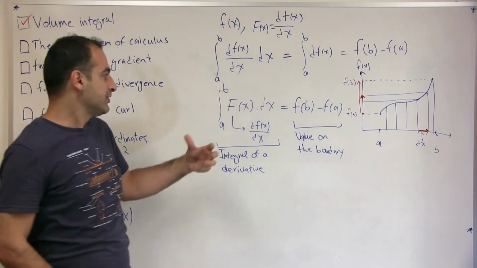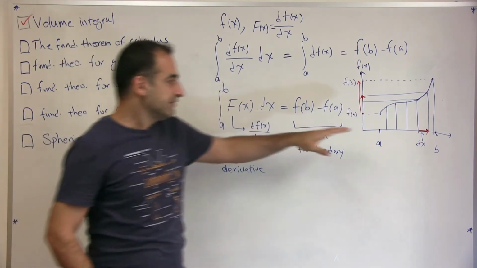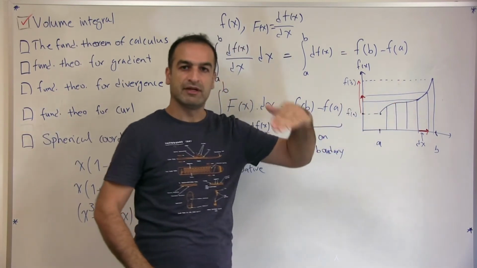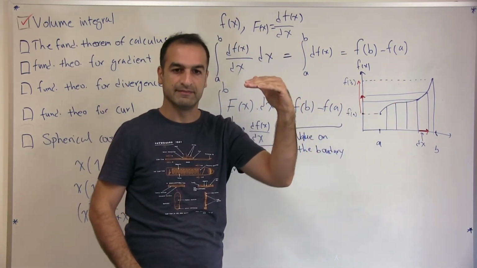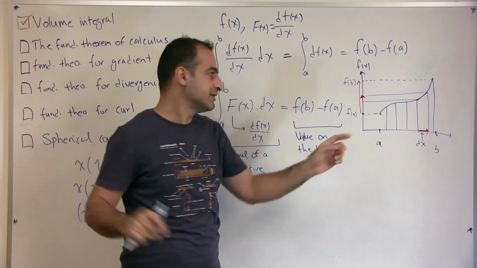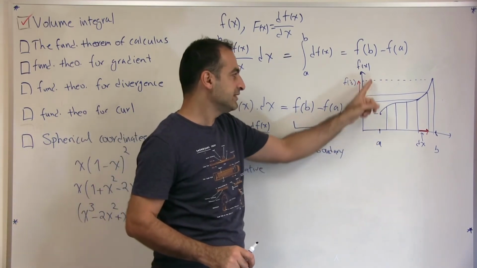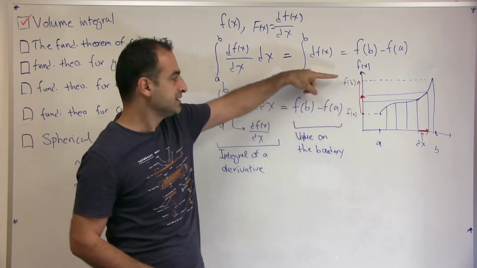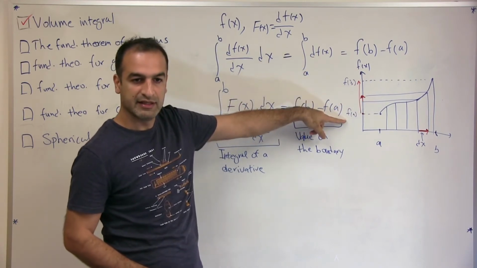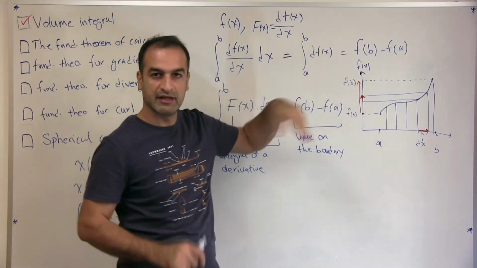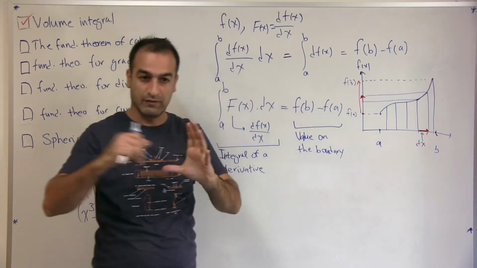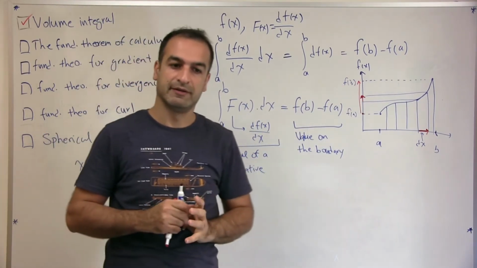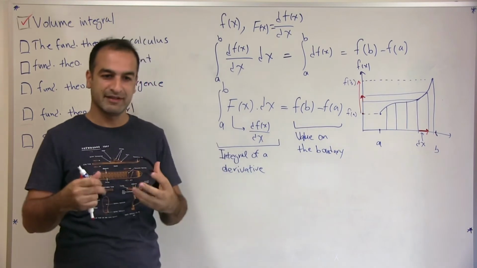So the integral of the derivative pretty much reflects how much you're going to move on the y-axis. The limits define how much you move, and at the end, the outcome only depends on the values on the boundary. It means f(b) and f(a), independent of what's going on inside and what rate is increasing over your integration interval. Make sense? Is it making it more clear?